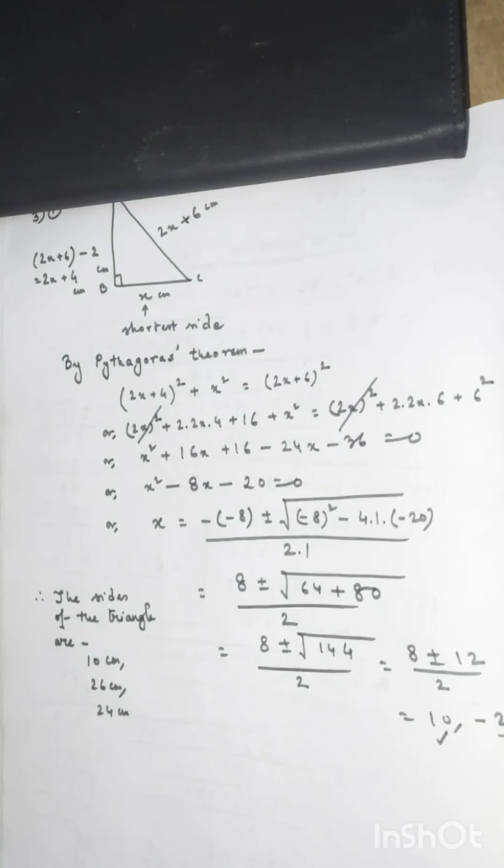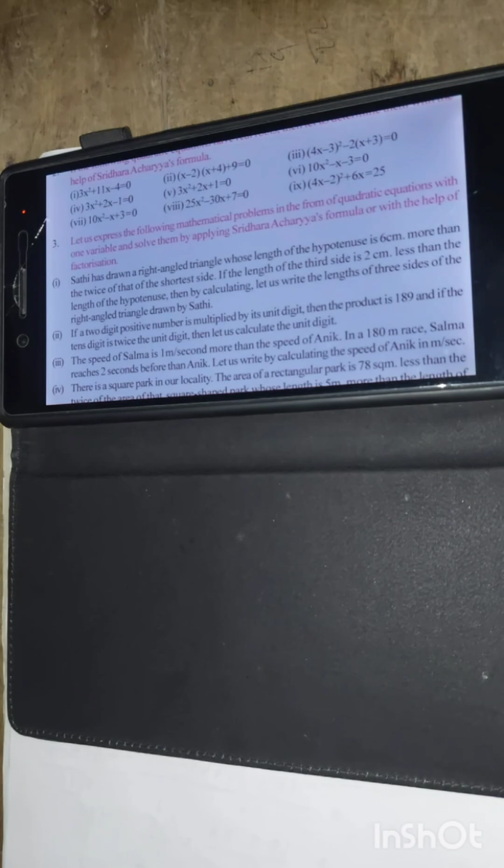Okay, now let us proceed to our next question. Question number Roman 2 says, if a two-digit positive number is multiplied by its unit digit, then the product is 189, and if the tens digit is twice the units digit, then let us calculate the unit digit.